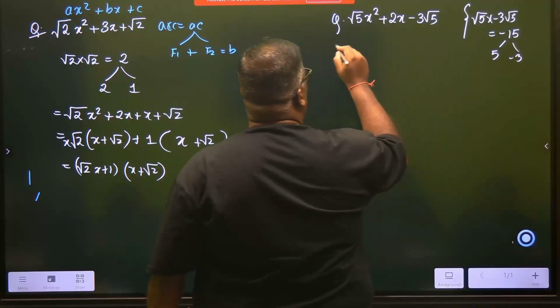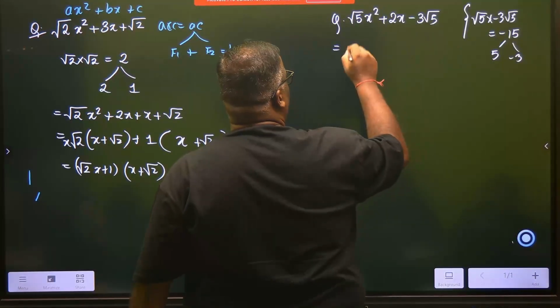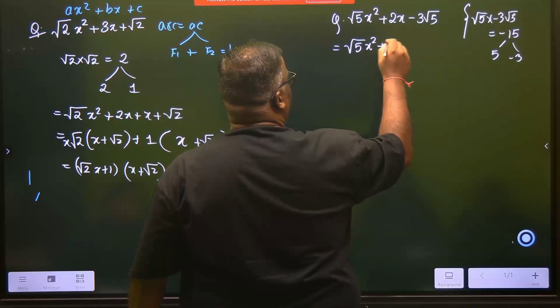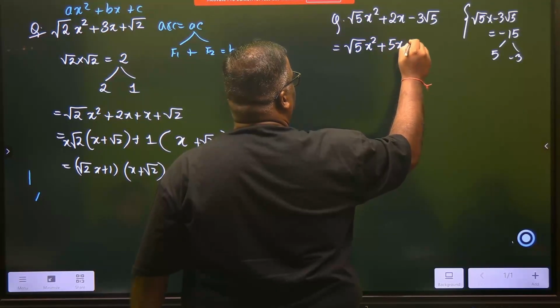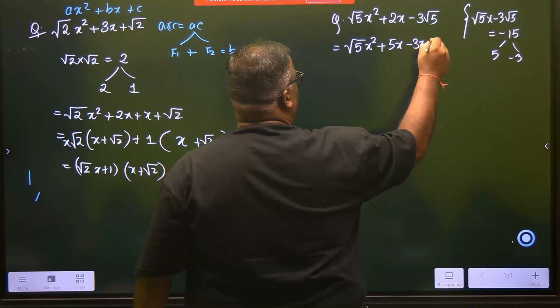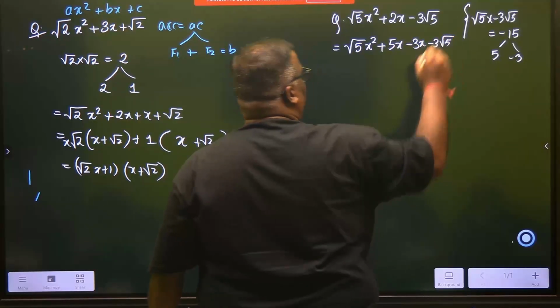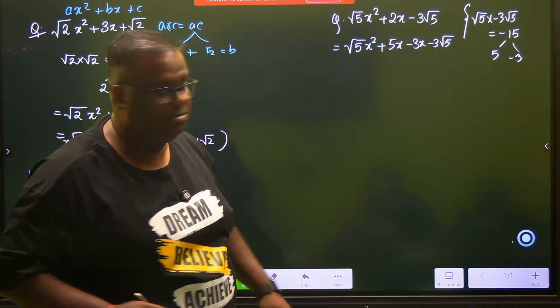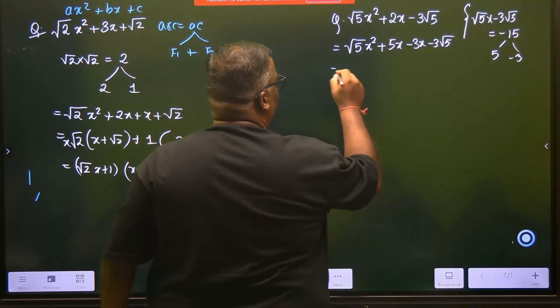So my next step would be, see Rishika, have you understood till here or not? Root 5x square plus 5x minus 3x, and it makes more sense to keep the 3x on this side because you have a 3 root 5. Okay? So from here we take root 5x common.